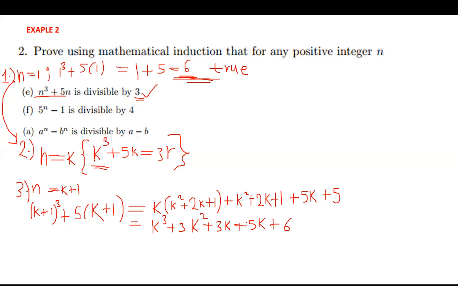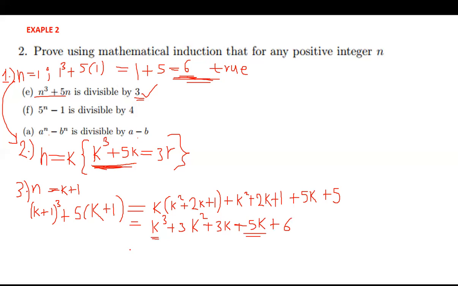The reason why I've not added this 3k to this 5k is because I'm trying to look for this part in this whole expression. So I'll combine this 5k with that in order to get that.